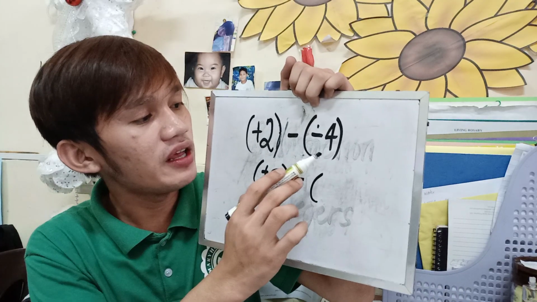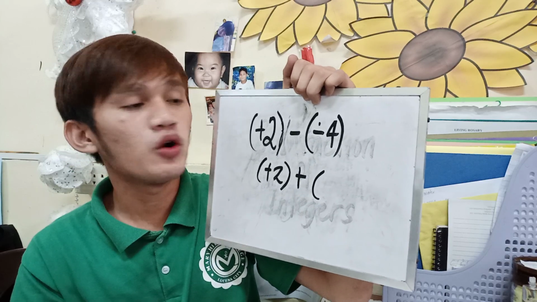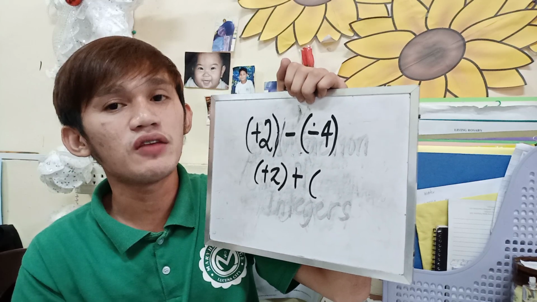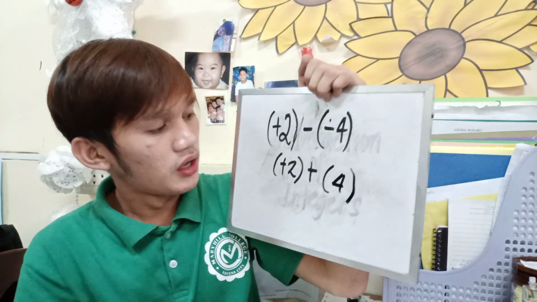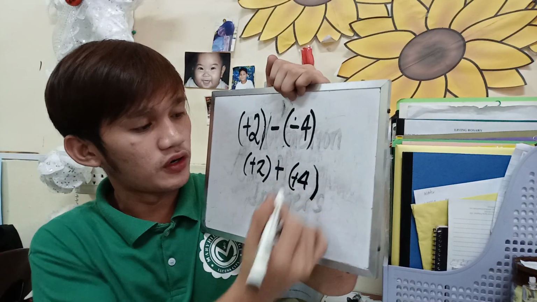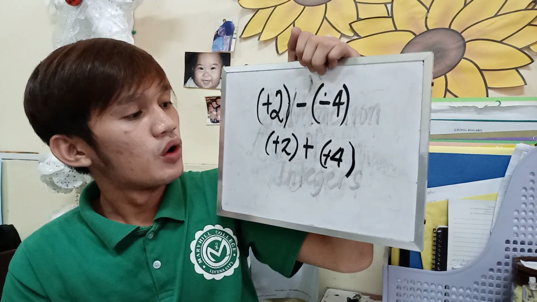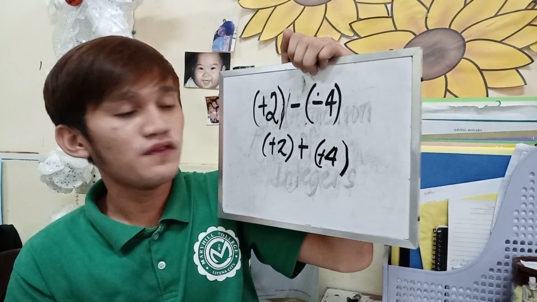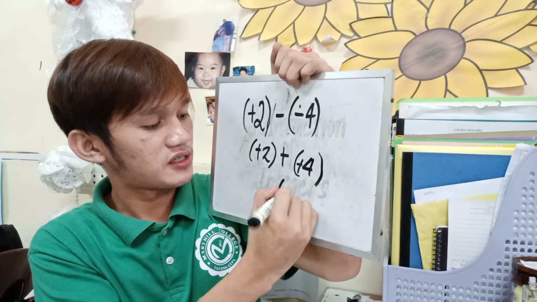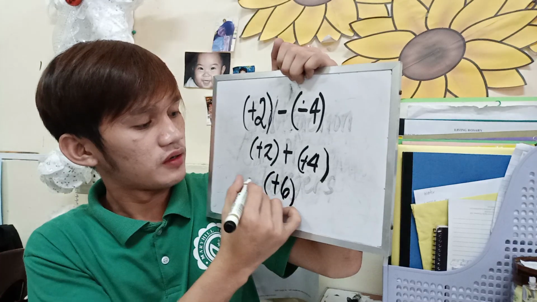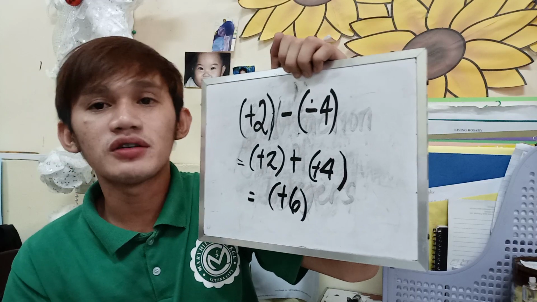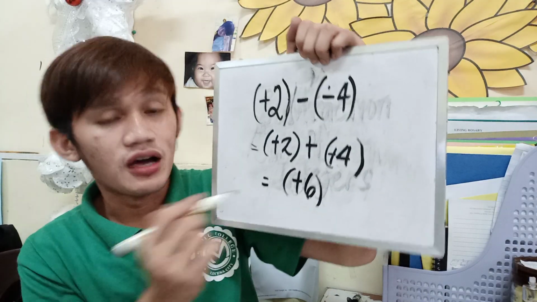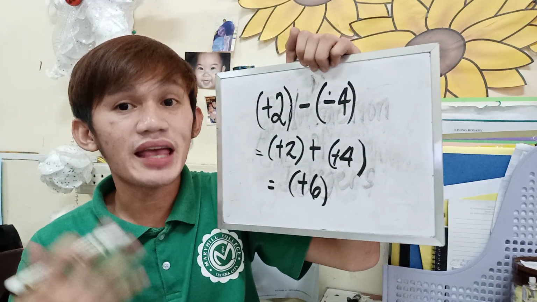Our subtrahend here is negative 4, and the opposite of negative 4 is definitely positive 4. So positive 2 plus positive 4 is positive 6. Meaning positive 2 minus negative 4 is positive 6 by applying the definition.